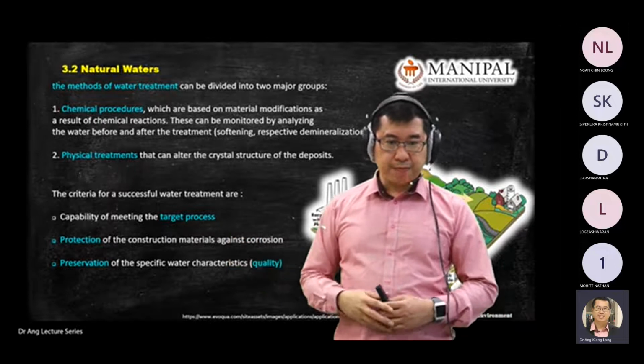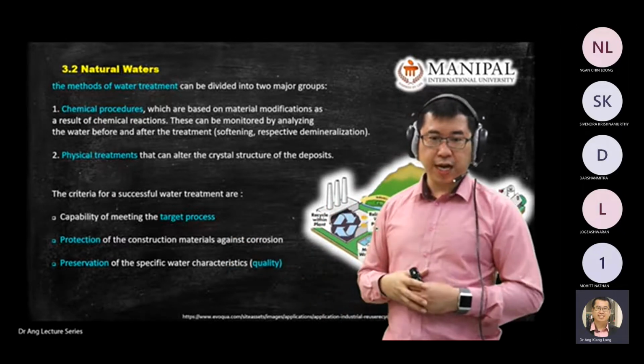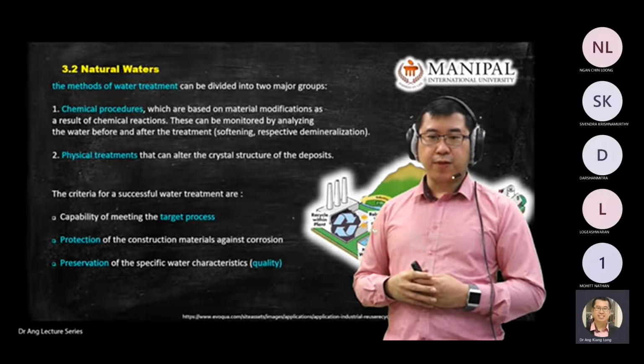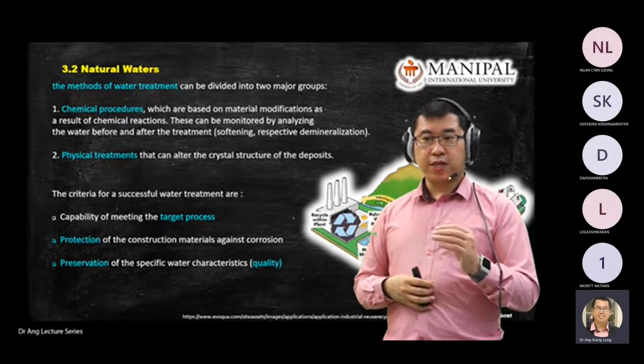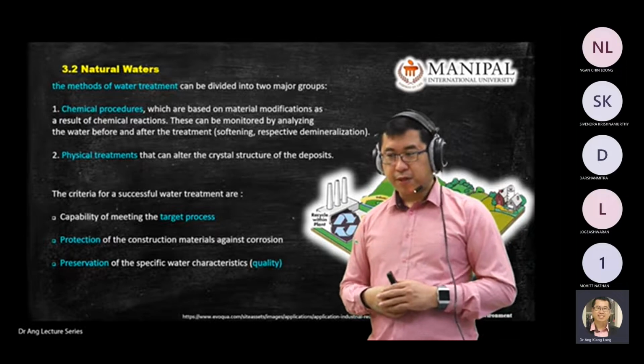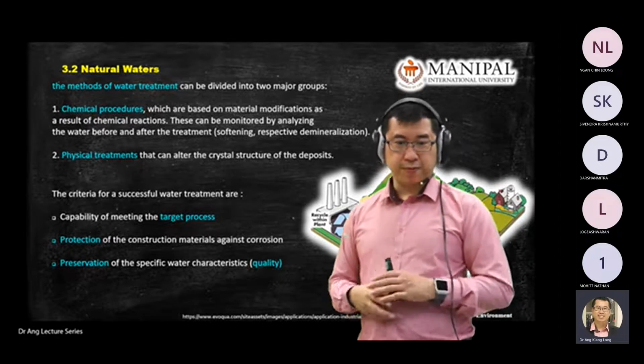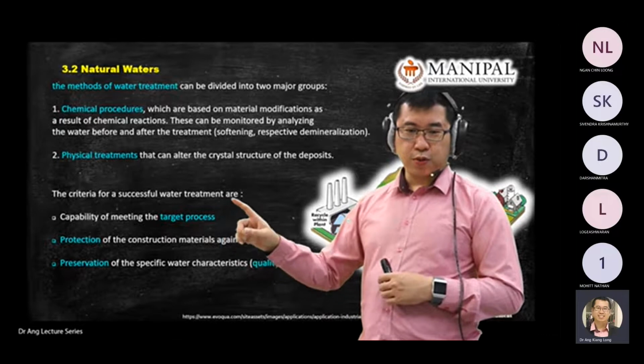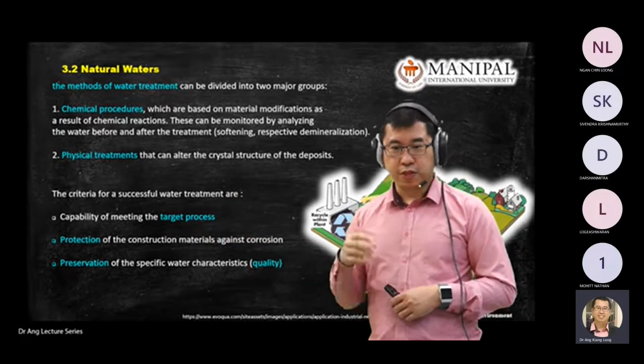First is that you achieve your target process, meaning, for example, you want to reduce the ammonia, you want to reduce the rotten egg smell, for example. Okay, you see whether you're able to remove the smell or not.